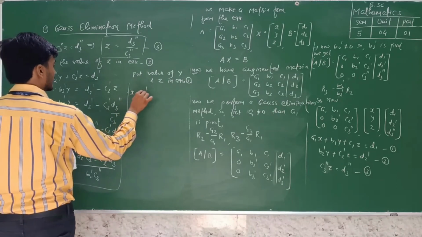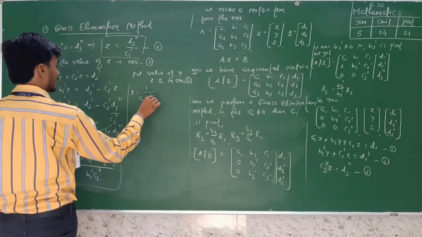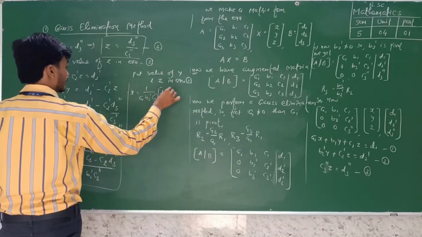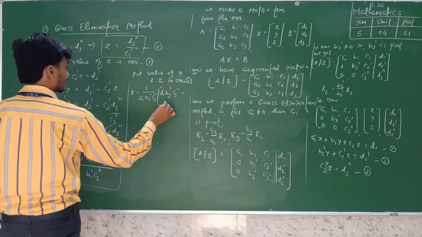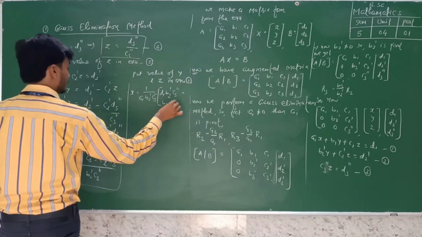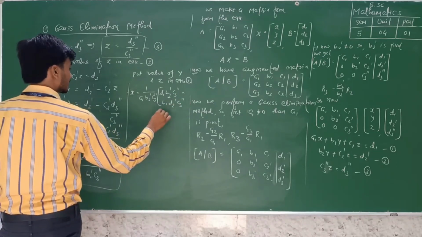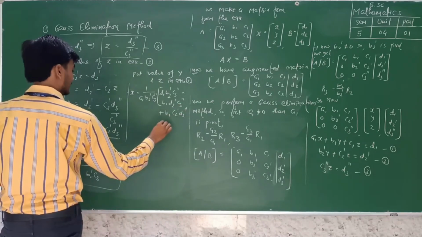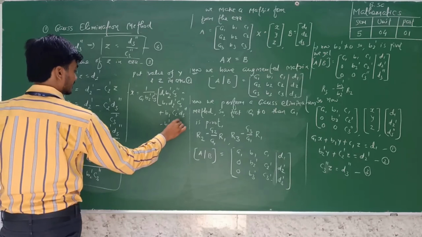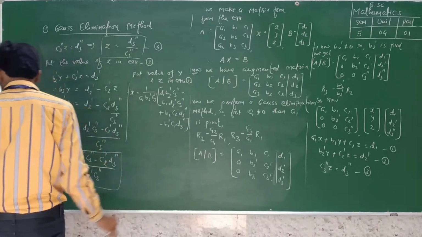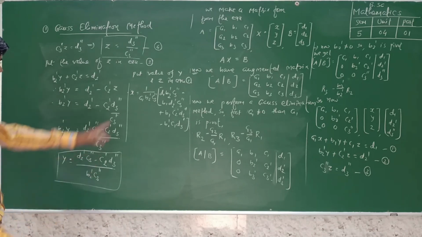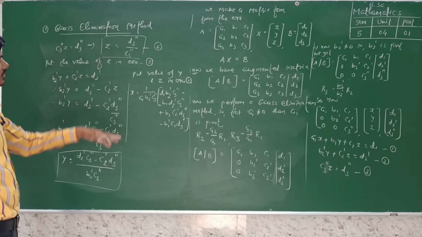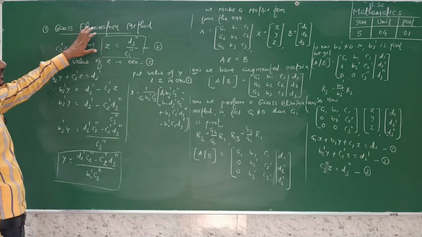So X is equal to 1 upon A1 B2 dash C3 double dash, times D1 B2 dash C3 double dash minus B1 D2 dash C3 double dash plus B1 C2 dash D3 double dash minus B2 dash C1 D3 double dash. So X, Y and Z, the three unknowns, are found by using the Gauss elimination method.